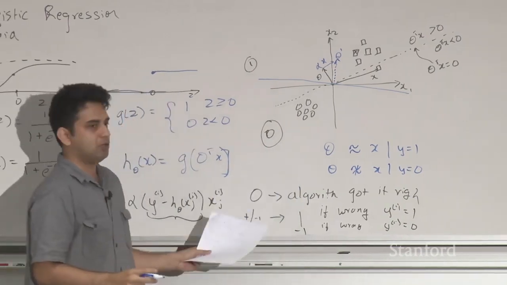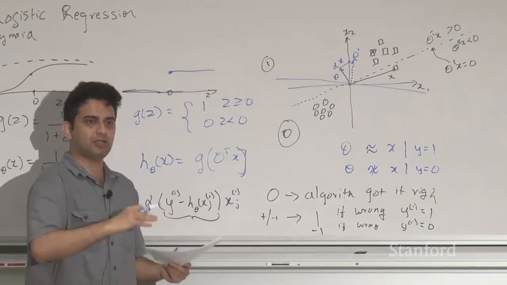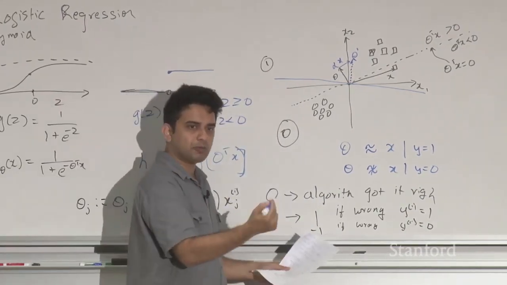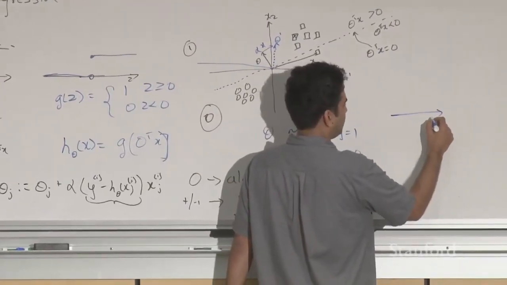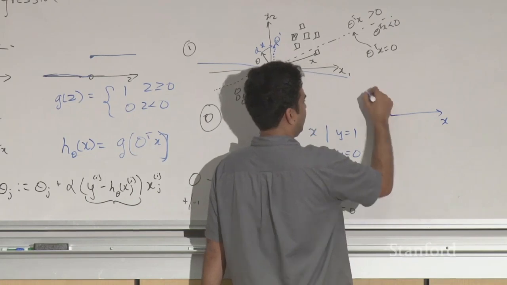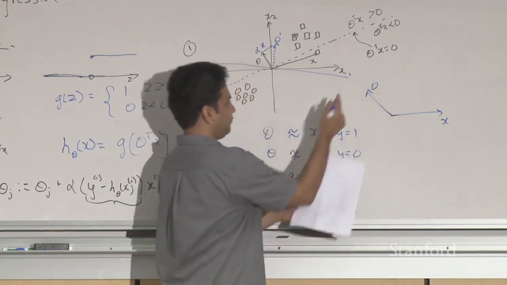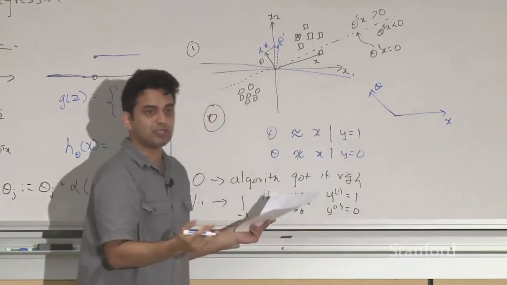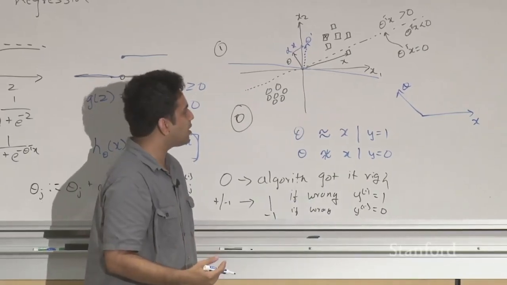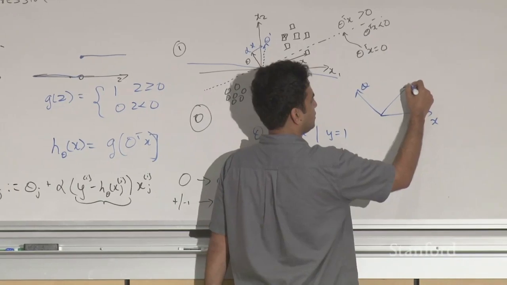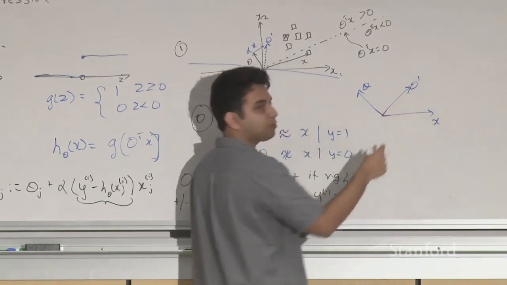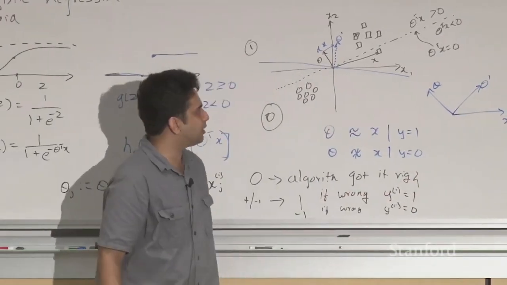The reason is when two vectors are similar, the dot product is positive, and when they are not similar, the dot product is negative. What does that mean? If this is x, and you have theta, if they're kind of pointed outwards, their dot product would be negative, and if you have a theta that looks like this, let's call it theta prime, then the dot product will be positive if their angle is less than 90 degrees.